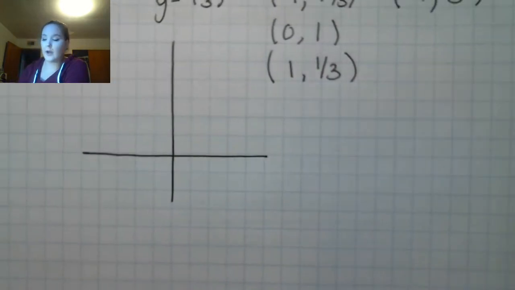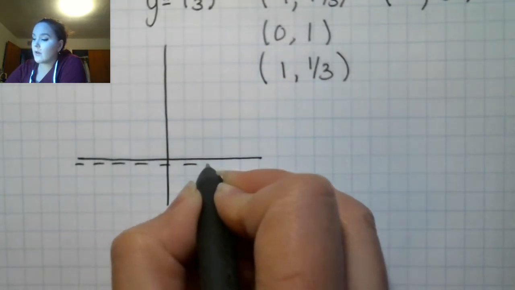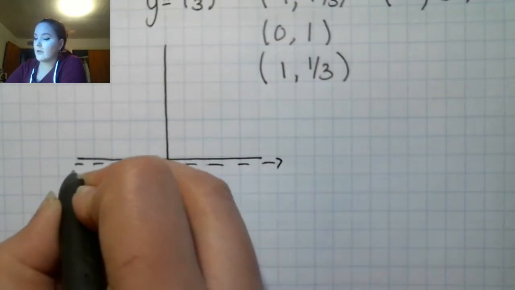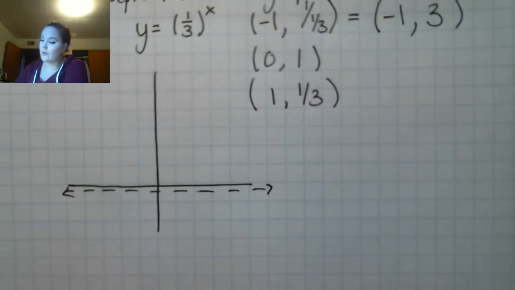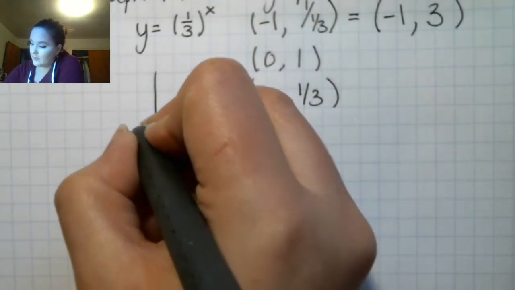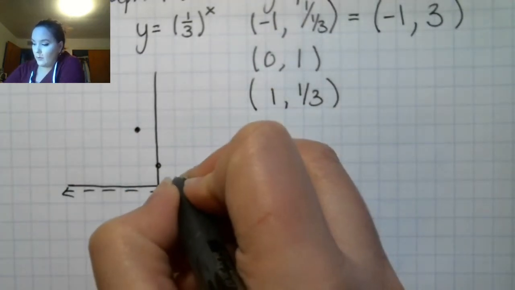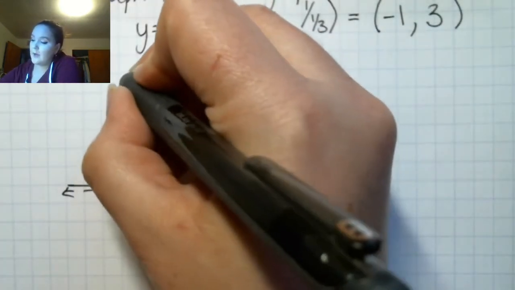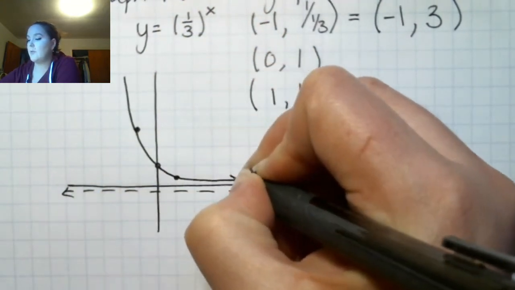Okay, so I have that key feature of the horizontal asymptote along the x-axis here. Then I have -1, 3, and 0, 1, and 1, 1/3. And I'm going to draw in that basic curved shape.